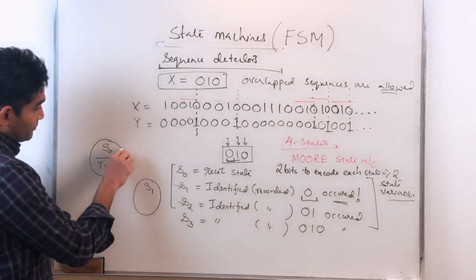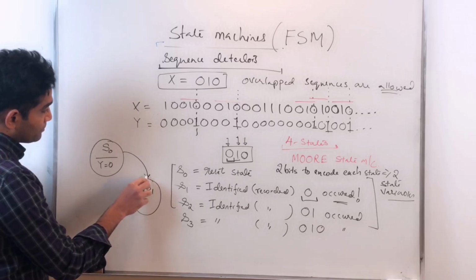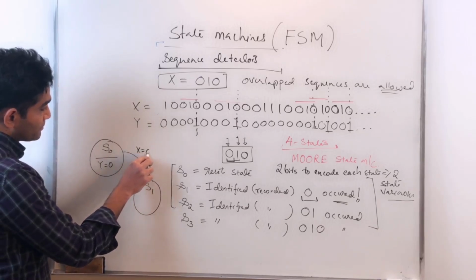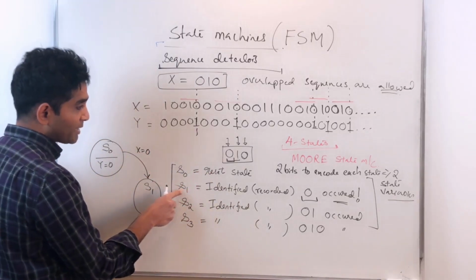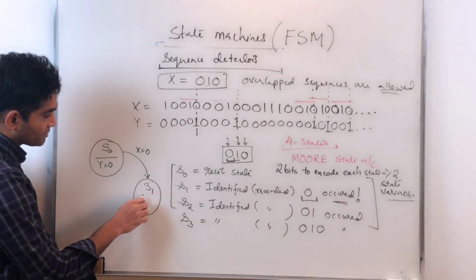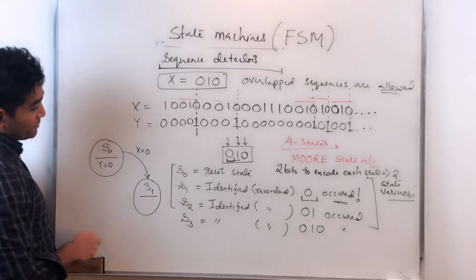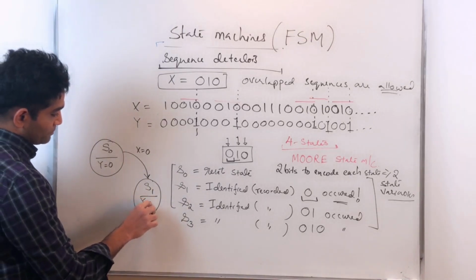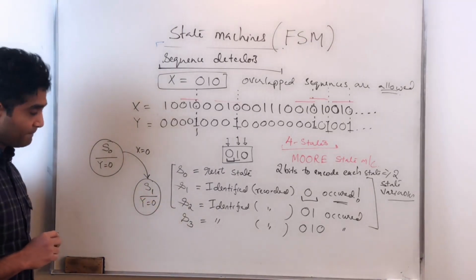Now I'm with x equal to 0 input, because I've identified S1 as a state that has recorded that a 0 has occurred. That means I have to transition to the S1 state. I have not identified a sequence yet, so my output is still 0. Okay.